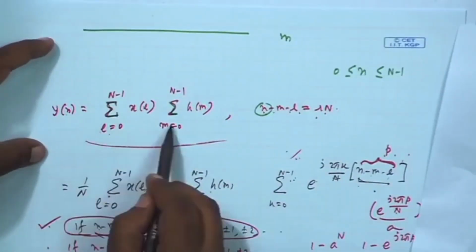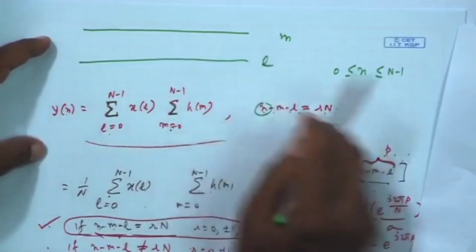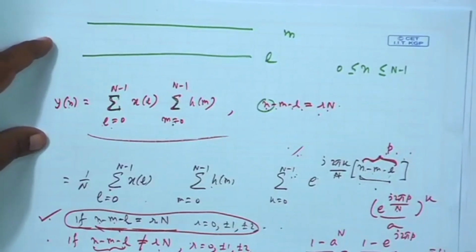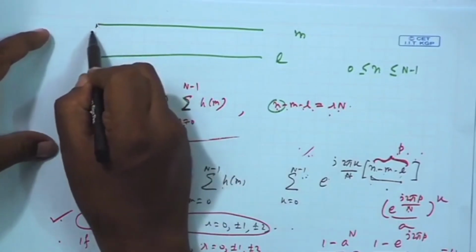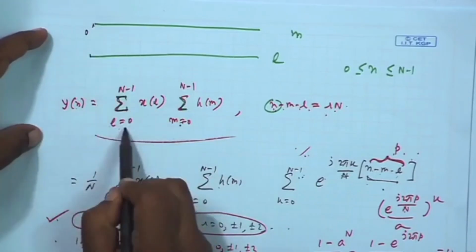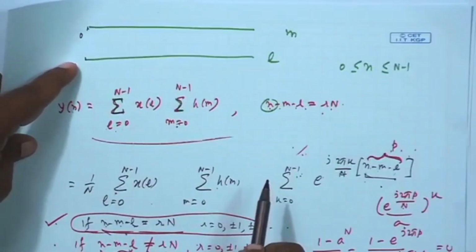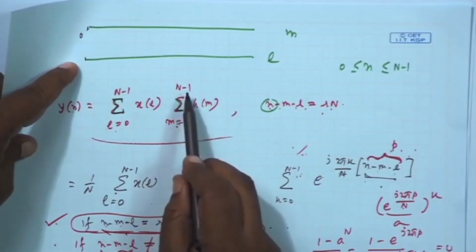And now you have two summations, one over M, another over L. So start with L equal to 0. If L equal to 0, M is taking all values, but not all values are allowed.